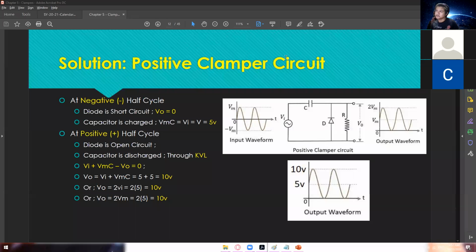Just let me know if you have a clarification, concern, or problem in understanding or analyzing the circuit for the solution. All right, 1 minute is up, so let's move on to the next one.